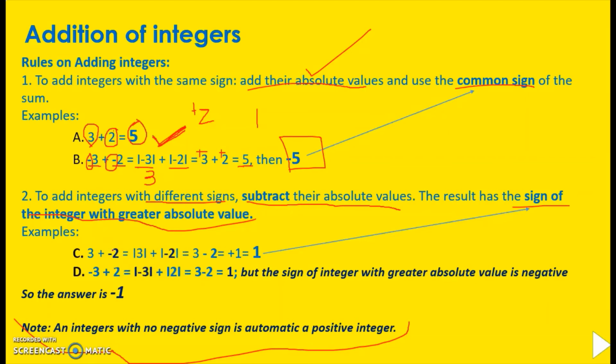Since they have different signs, one negative and one positive, instead of adding the integers, we're going to subtract them. So 3 minus 2 is equal to positive 1. Is positive 1 already the right answer? Yes. We can rewrite positive 1 as 1 only.